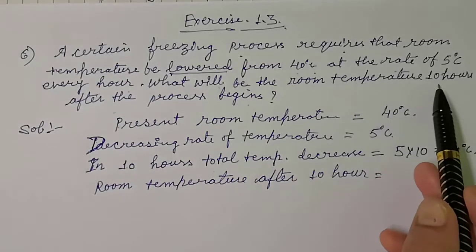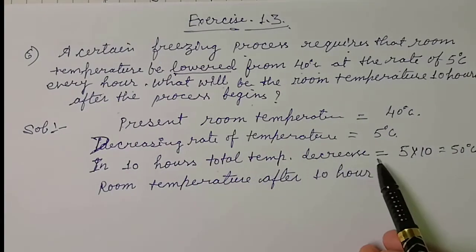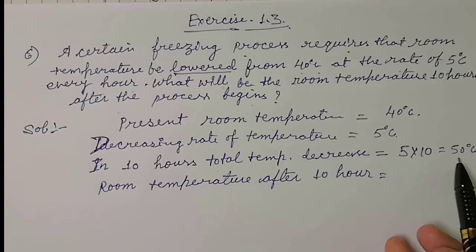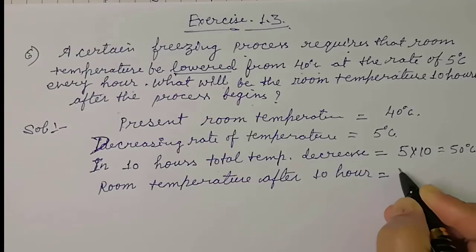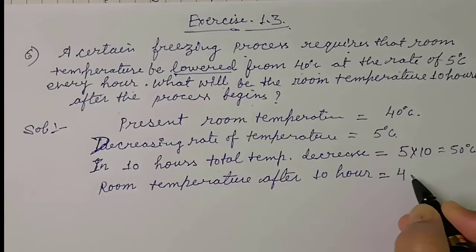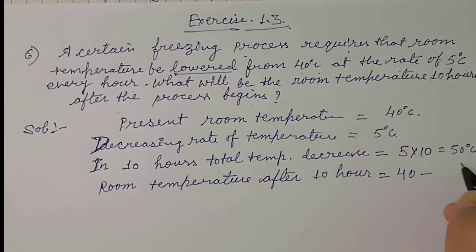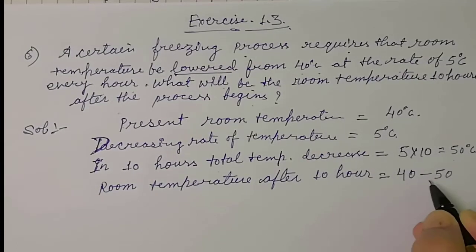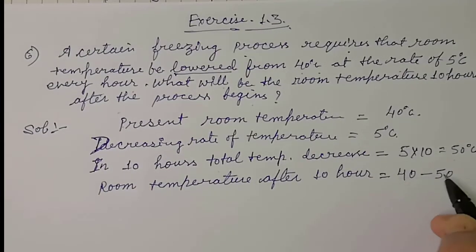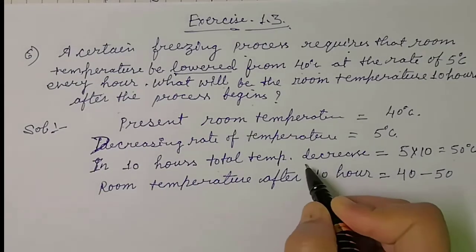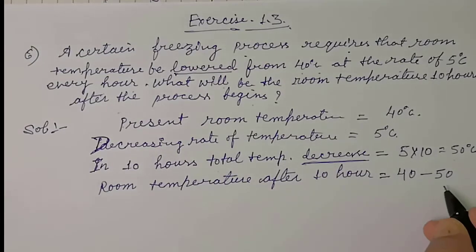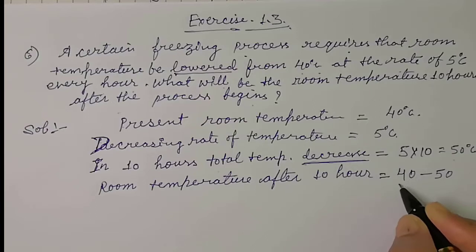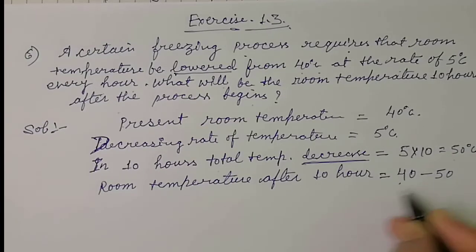So in 10 hours, first of all we find out how much temperature will decrease. That is 50 degrees Celsius. Now we'll subtract from the initial value, that is 40 degrees Celsius minus 50 degrees Celsius, because this 50 degrees Celsius is decreasing.